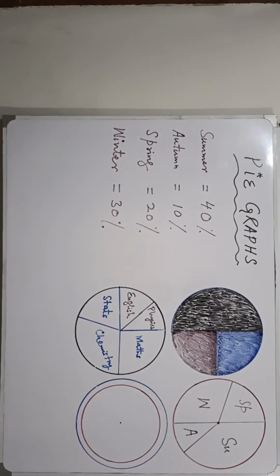Okay, so we'll move to the last one, the donut graph. How we can make donut graphs?